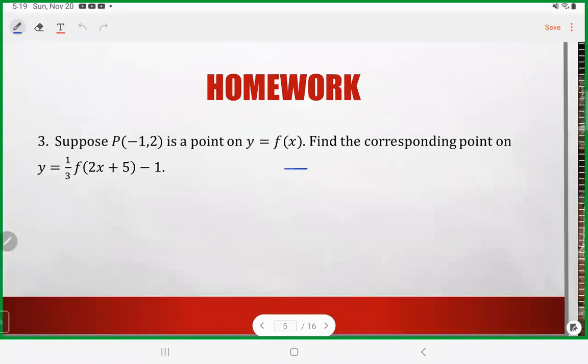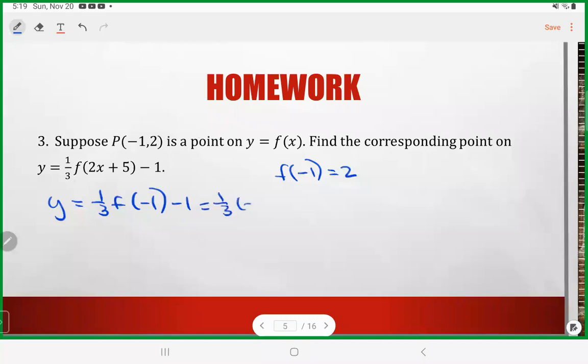So f of negative 1 is equal to 2. y equals 1/3 f of negative 1 minus 1, equals 1/3 times 2 minus 1, equals 2/3 minus 1, and that is equal to negative 1/3.